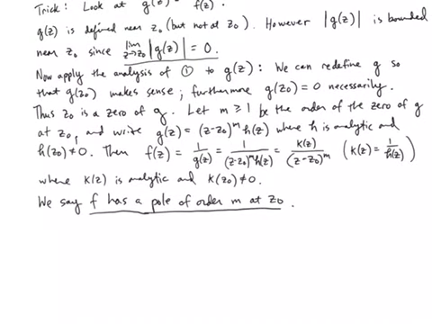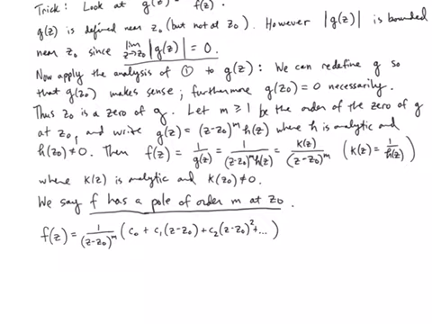So in this case, your f of z near z naught looks like k of z, which has a power series expansion because it's analytic, and then you're dividing by z minus z naught to the m, so you can just multiply through.